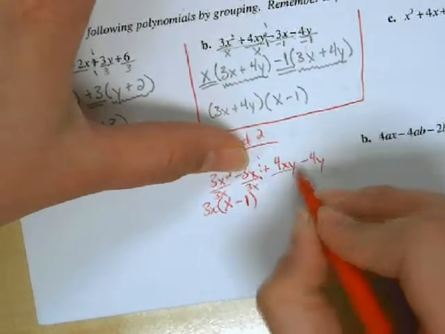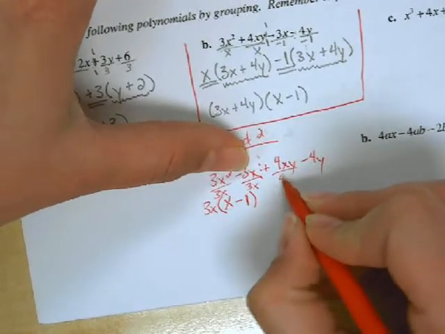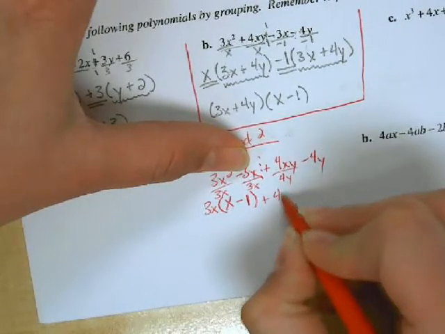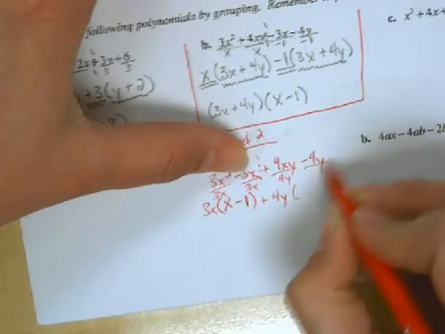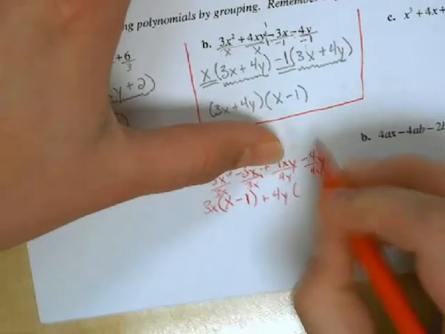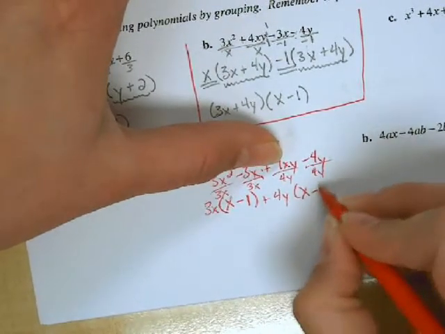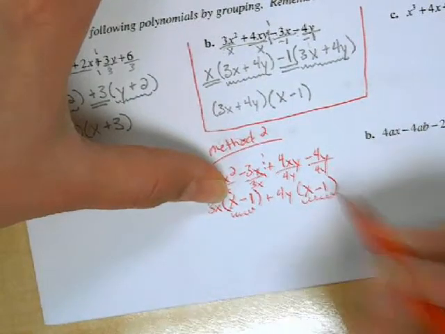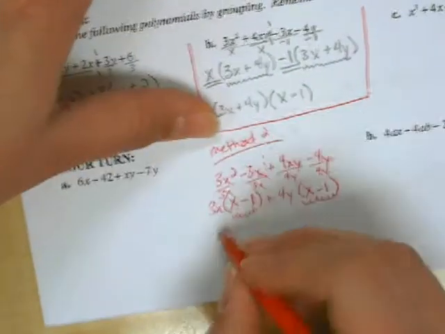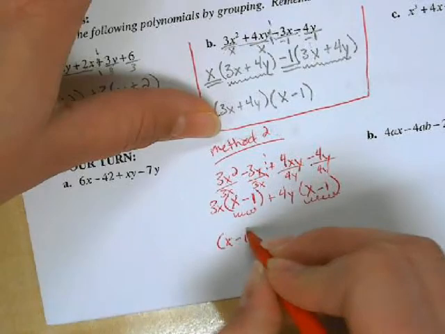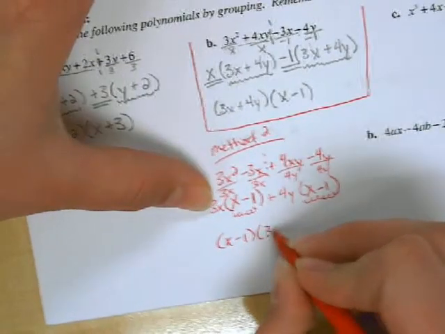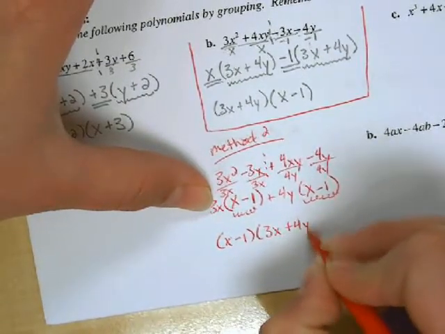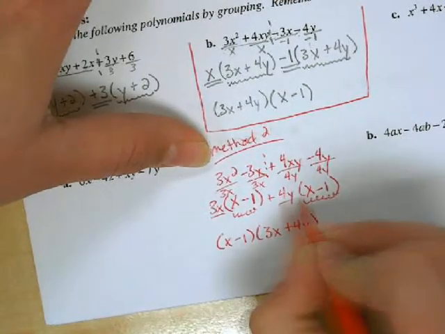Same thing here, if I'm going to divide out a GCF of 4y, so positive 4y, here I would have x minus 1 again, and here I have an x minus 1. Well, these things still match, so they're going to pull out front, x minus 1, and now I've got a 3x plus 4y as my other 2 terms.